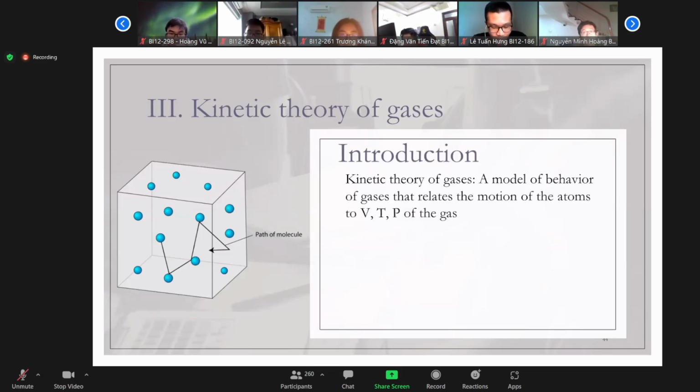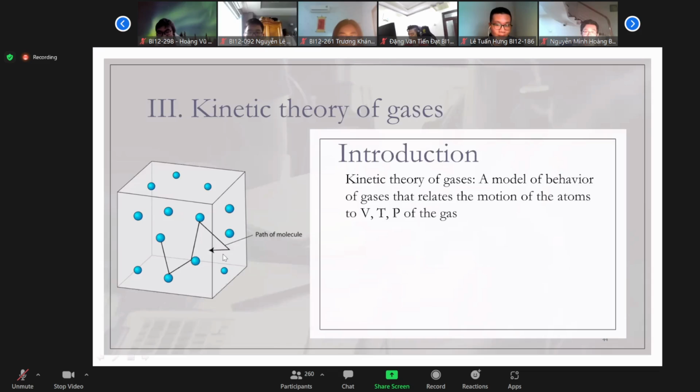Then, what is the kinetic theory of gases? Here I have a figure for you to better imagine. We can consider the gas as just a point, just a dot in space, and normally the gas is confined in a certain volume.